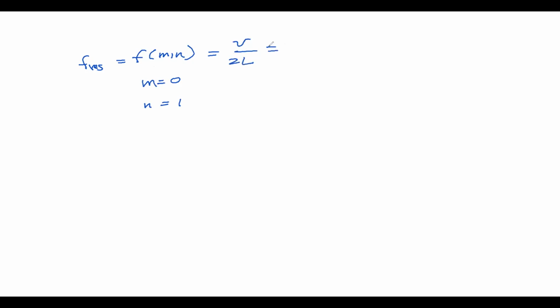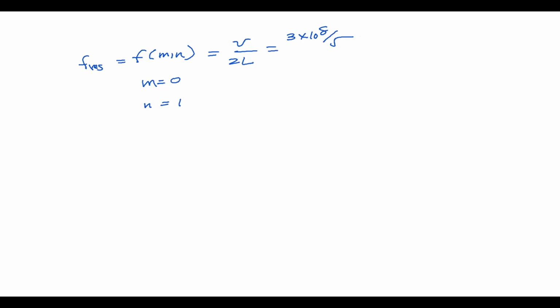The v here is going to be the wave speed in the material that we are considering. So v is not the speed of light, but the speed of light divided by the square root of the relative permittivity of the material. The relative permittivity value has been given here as, I think, 2.6.